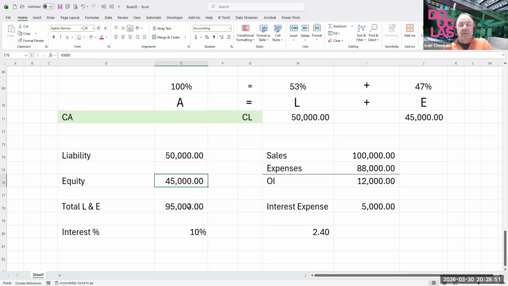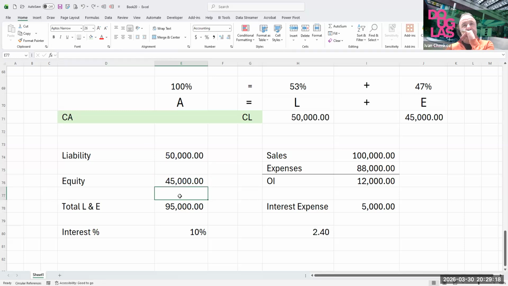Actually no, 95 is this one. This will be 50. I'm trying to avoid the circulation of the formula.